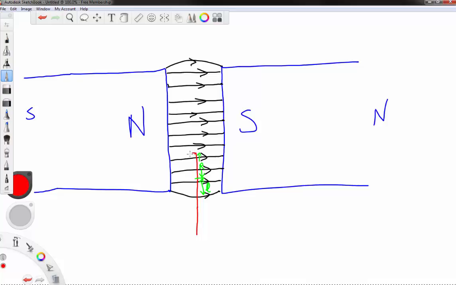Basically, if you tilted it ever so slightly, it would be sort of curved here and then straight here. So this right here is our semicircle part of it.